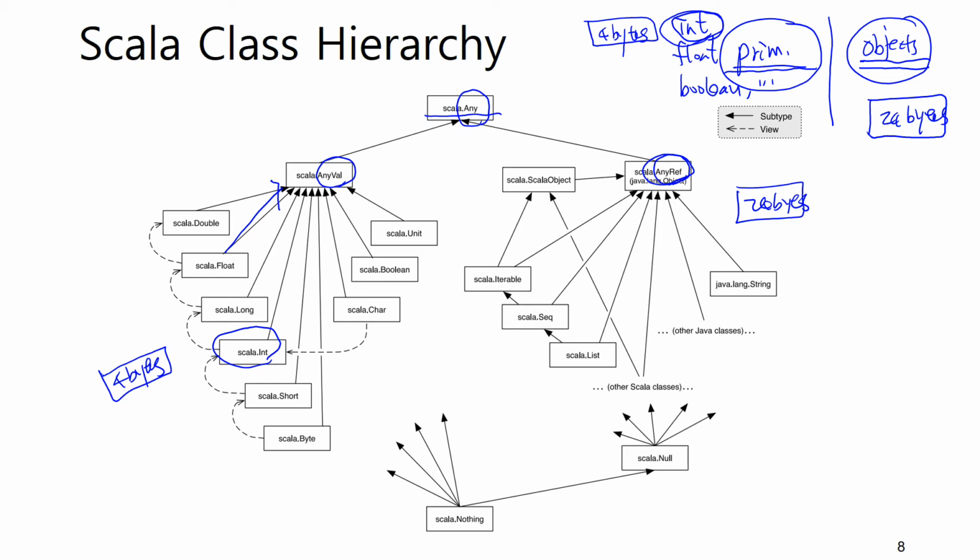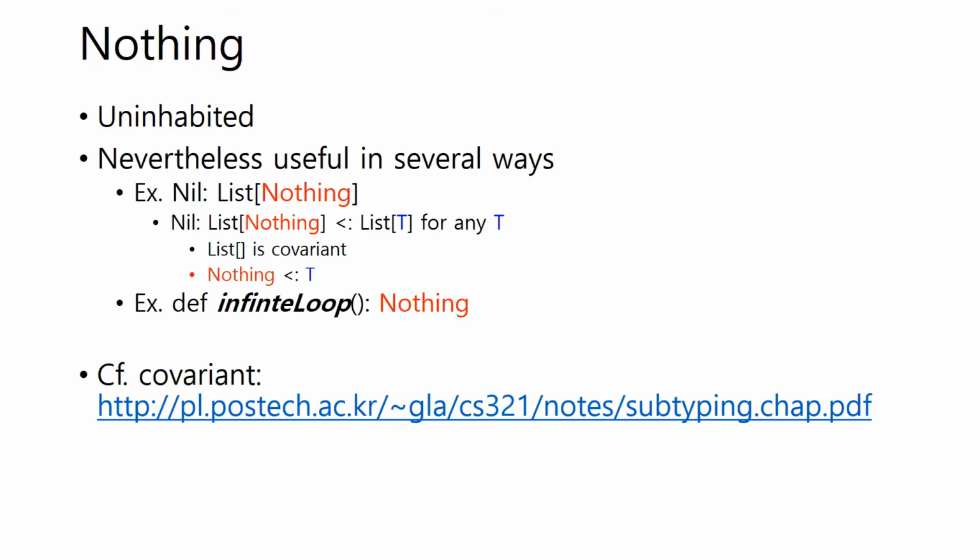And there are special classes, scala.Null, to represent null values, and Nothing. And it turns out that this Scala Nothing can be useful, and we will see why in the next slide. In Scala, we have a special class called Nothing, and Nothing represents a type that is uninhabited.